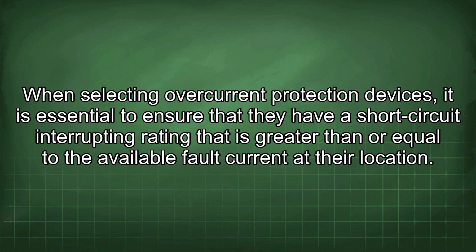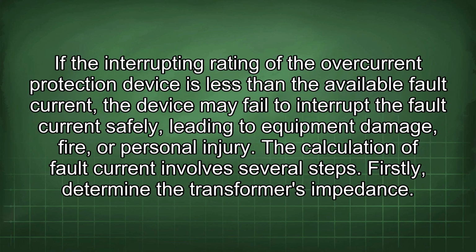When selecting overcurrent protection devices, it is essential to ensure that they have a short-circuit interrupting rating that is greater than or equal to the available fault current at their location. If the interrupting rating of the overcurrent protection device is less than the available fault current, the device may fail to interrupt the fault current safely, leading to equipment damage, fire, or personal injury.